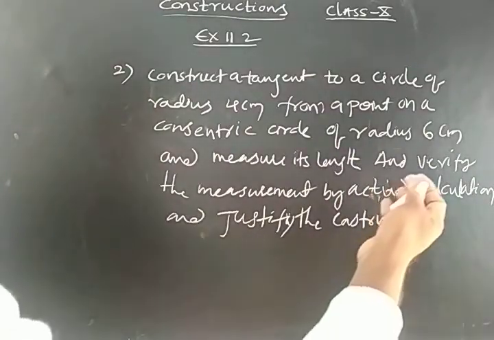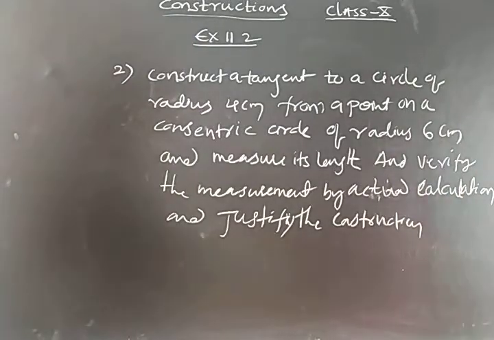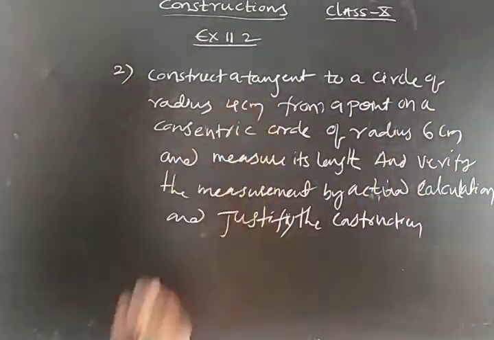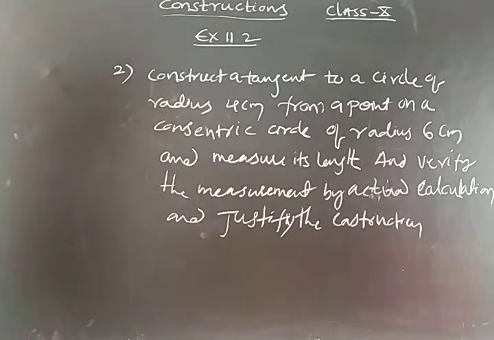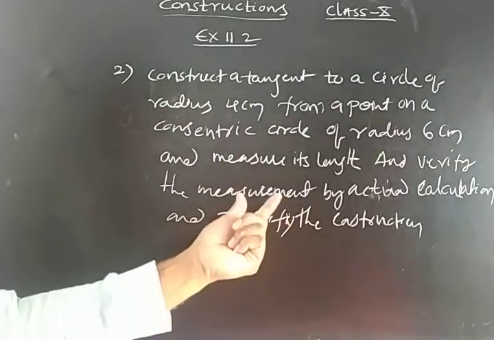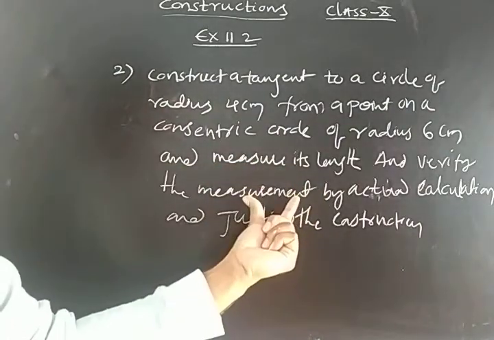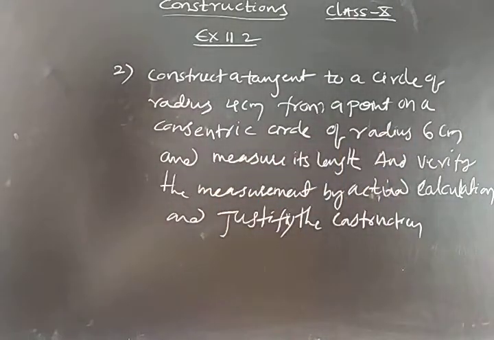Then we have to take one point on the bigger circle. From that point, we have to construct two tangents to the smaller circle, and we have to measure the length of the tangent, as well as verify the measurement by actual calculation, and we have to justify the construction also.